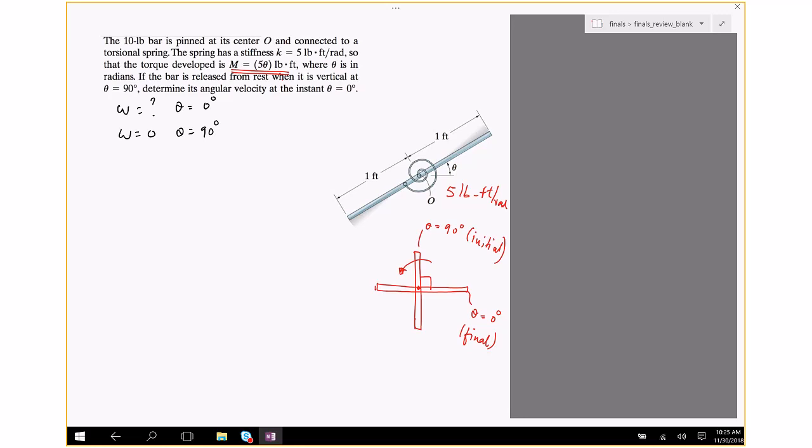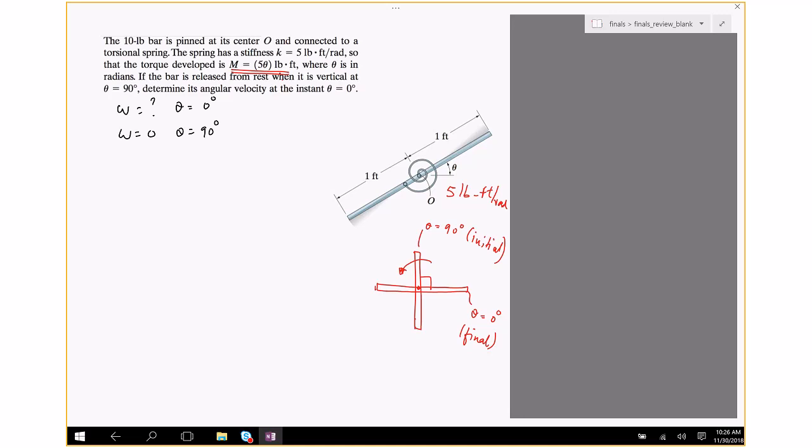Number two, are you told to find velocity when the object moves a certain distance? In this case, it's not velocity, but it's angular velocity when the bar moves a certain angle in radians, right? And so that would also qualify for 2. So this is a problem where concepts in 2 should be applied.